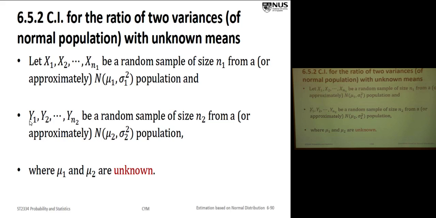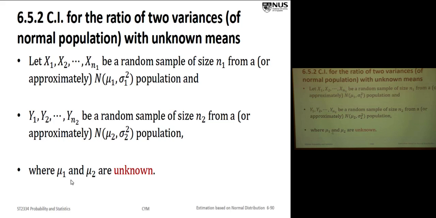Now I have another collection of IID random variables, in this case n2 of them, which are Gaussian, where the mean and the variance are different, and I don't know both of these means and variances. What I want to do in this part of the lecture notes is to construct a confidence interval for the associated parameter, in this case the ratio of the variances, under the assumption that I don't know the means.